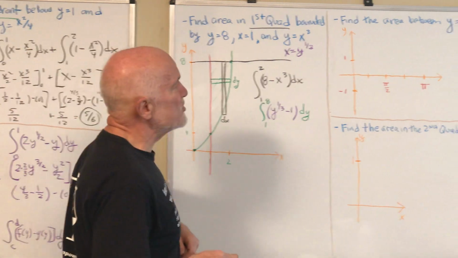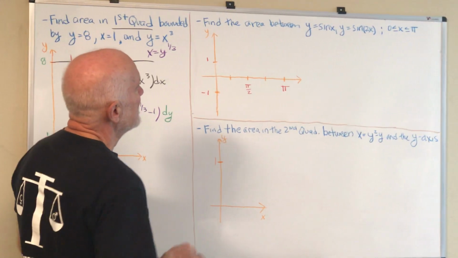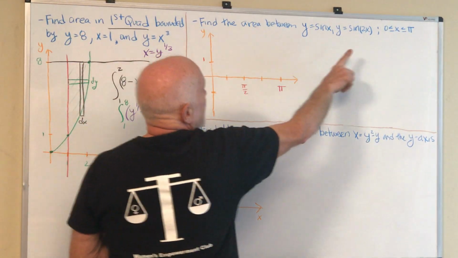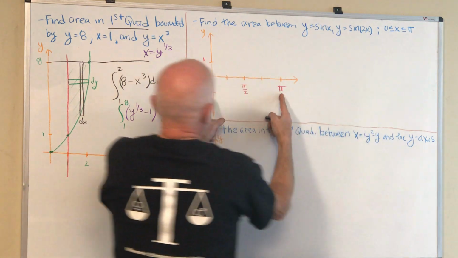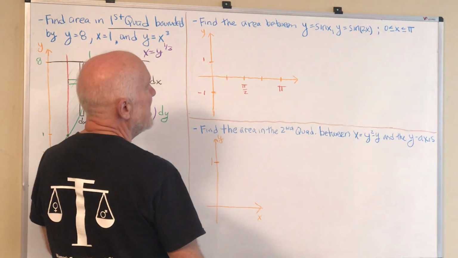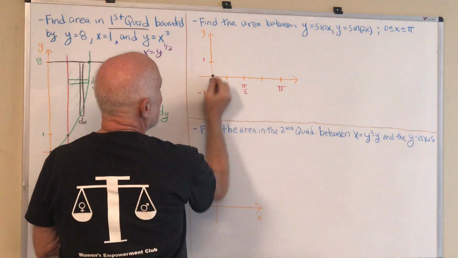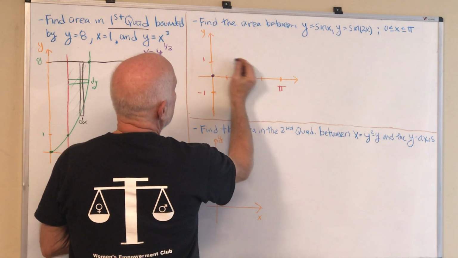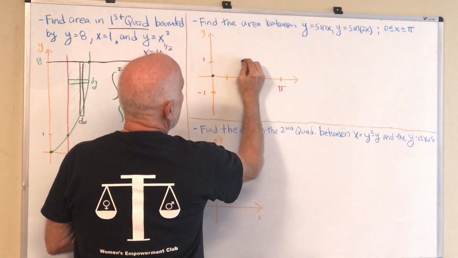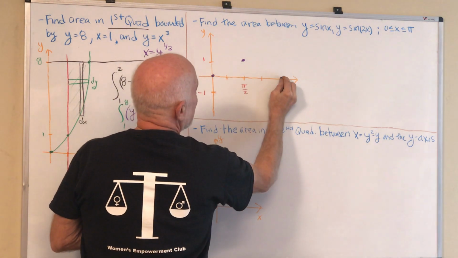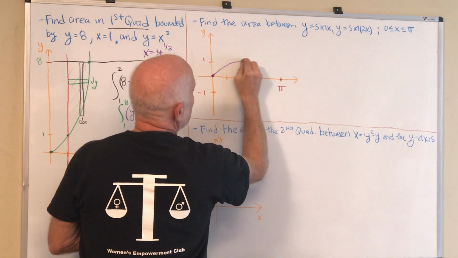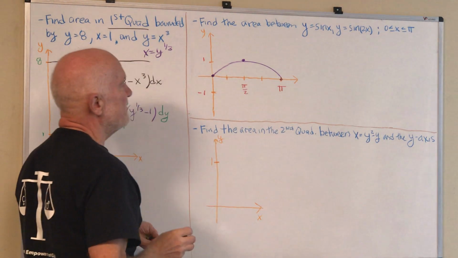Well, let's try one that's trigonometric. Only going from 0 to pi, so I've only graphed it from 0 to pi. The sine of x starts at 0. At pi over 2, it goes up to 1, and then it's back to 0 at pi. So there's the sine of x.